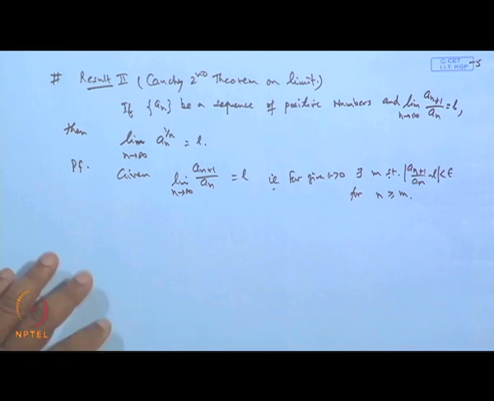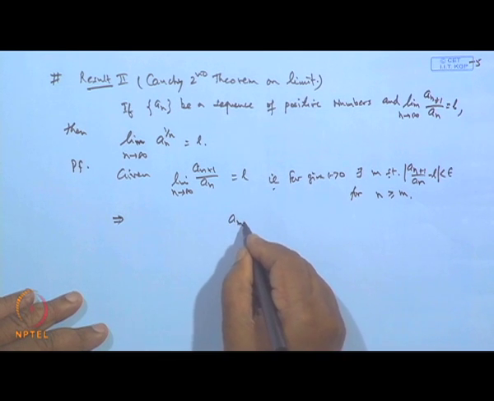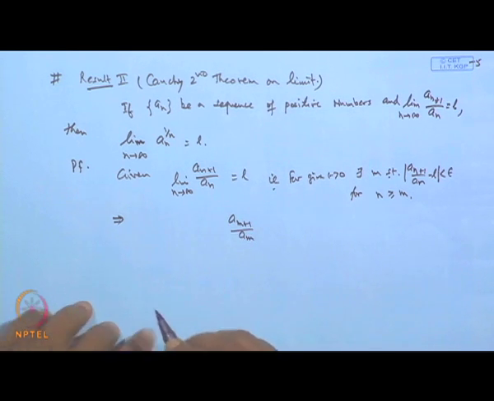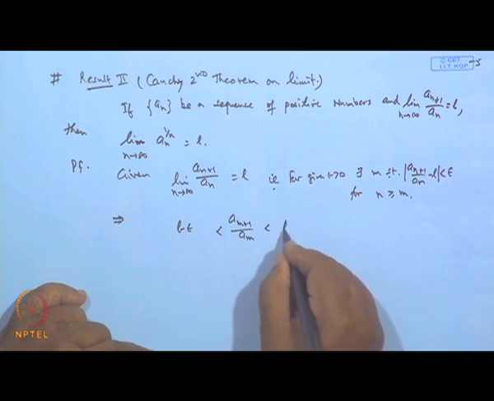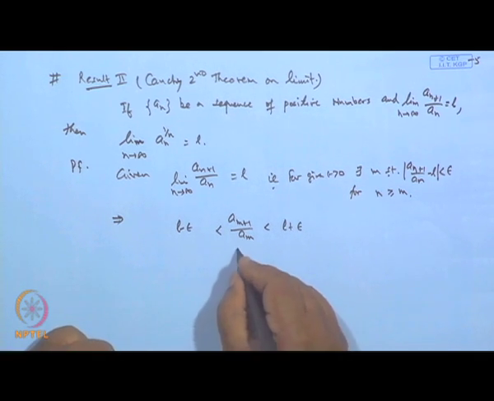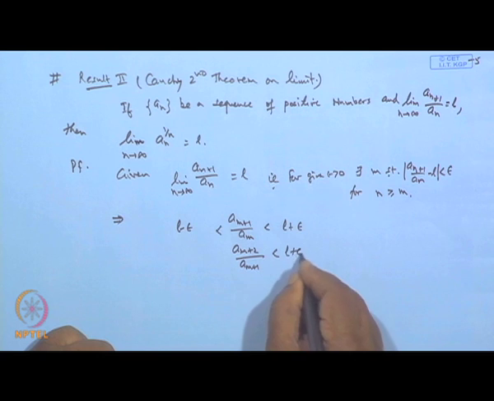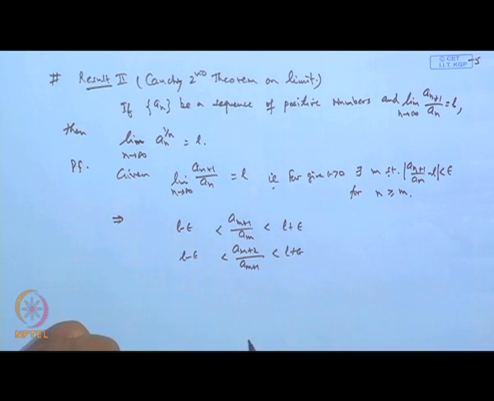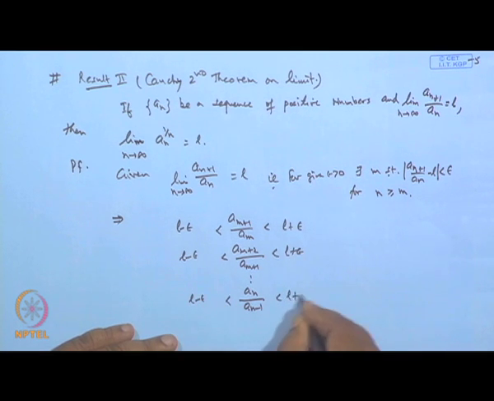So, this implies that a m plus 1 by a m lies between L minus epsilon and L plus epsilon. Now, if we continue, a m plus 2 by a m plus 1 lies between L minus epsilon and L plus epsilon, and like this up to the nth term, which is a n over a n minus 1, lies between L minus epsilon and L plus epsilon.